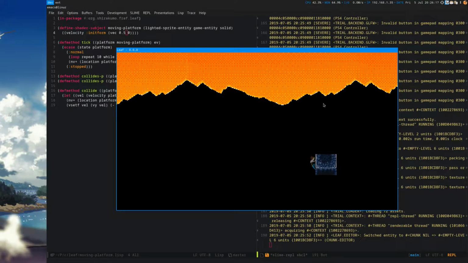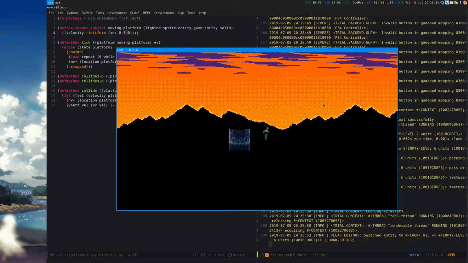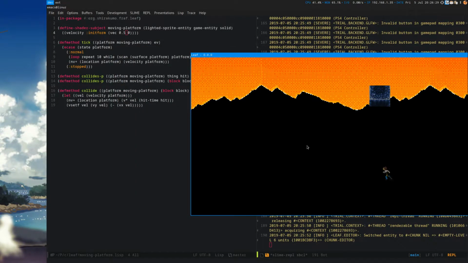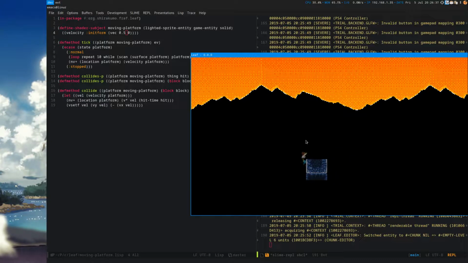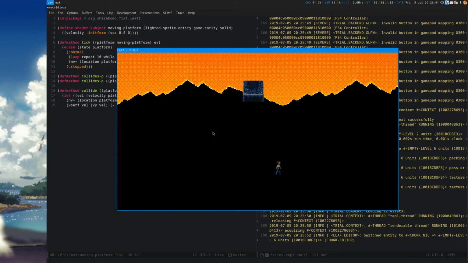That also works fine, sort of. Did I just zip? Okay. At least sideways movement seems to work now. Yeah, but the downwards is so messed up.